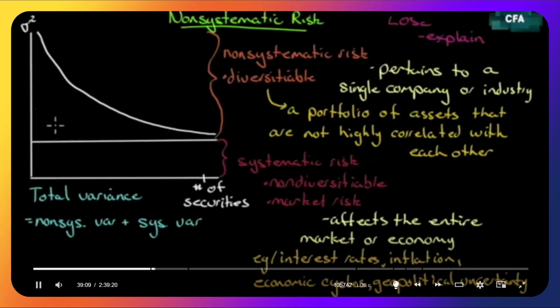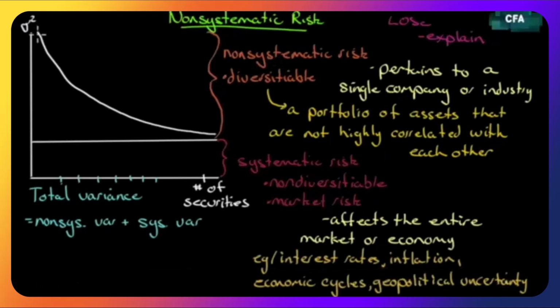So let's say that this is variance in terms of two different types, something called non-systematic risk, which is diversifiable, and they showed that even naive diversification can reduce that type of risk, and systematic risk, which is non-diversifiable, or what is called market risk.